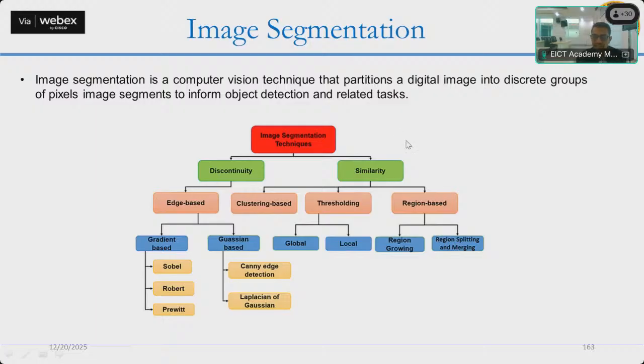In the image segmentation technique, it is basically discontinuity. So where will you apply discontinuity, and where similarity? Why are these two things together? Because in discontinuity you are able to know the boundary. Definitely when different objects are there, there will be a boundary distinction between the two objects.